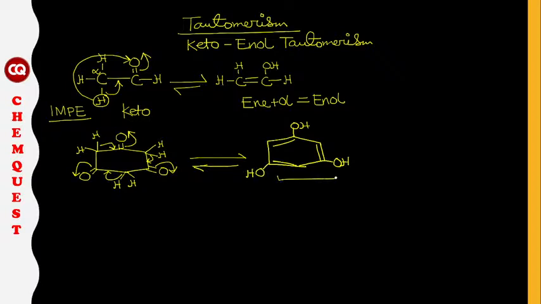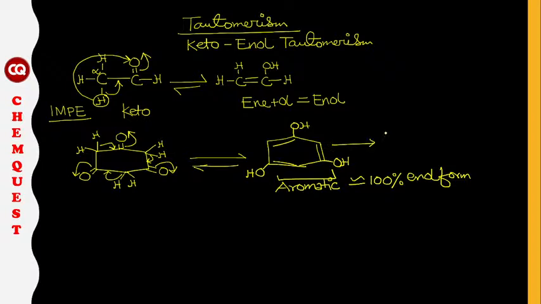It is benzene-1,3,5-triol. Due to aromatic stability, it is almost 100% enol form. The equilibrium is shifted towards the right hand side, the enol form.